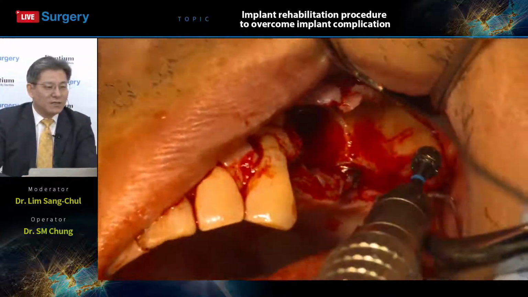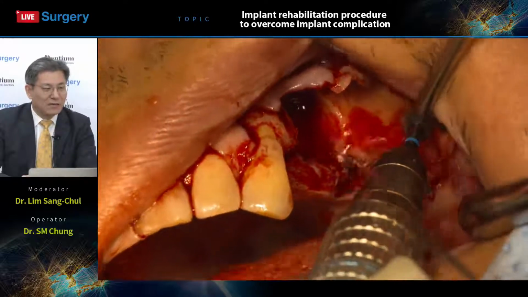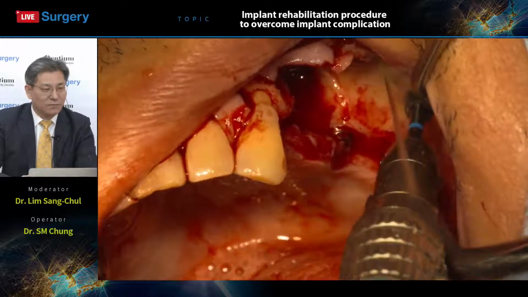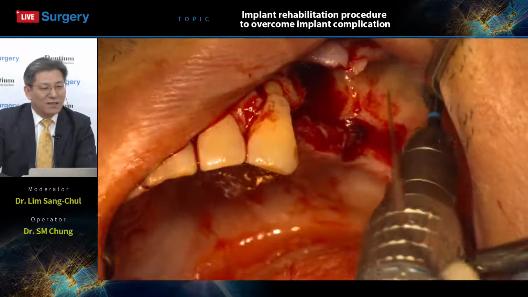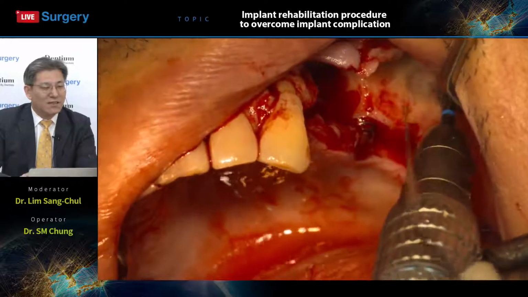So he is going to make a lateral window for the lateral approach of sinus augmentation, sinus elevation, using this black one, the sinus drill.